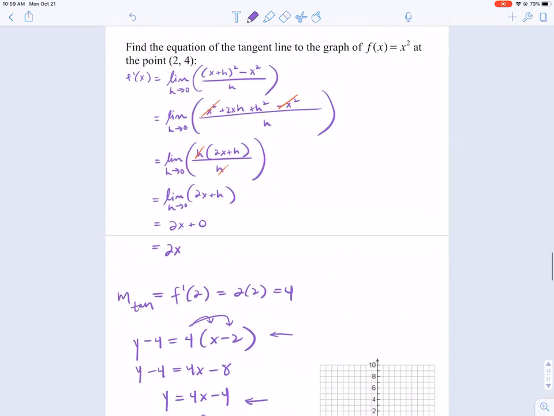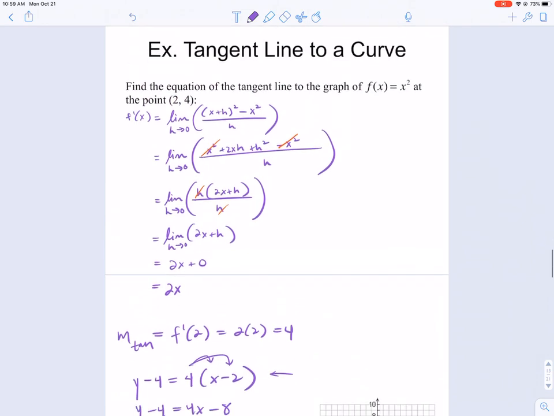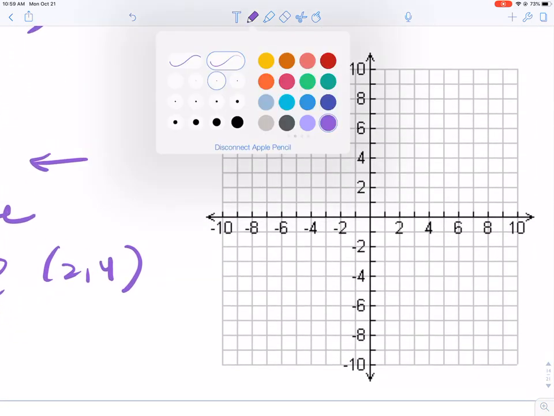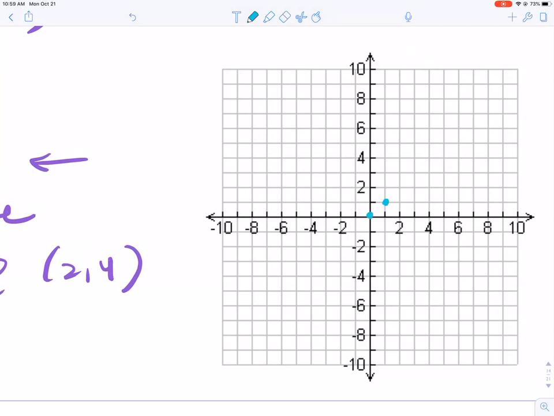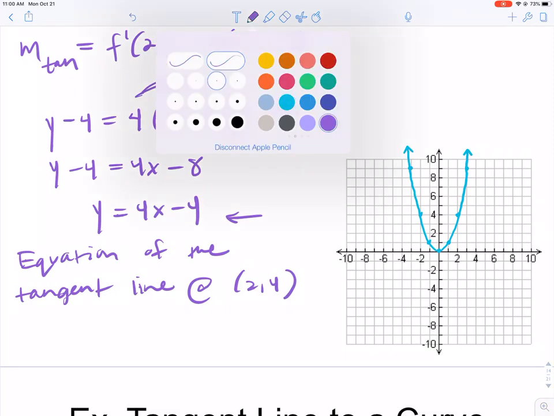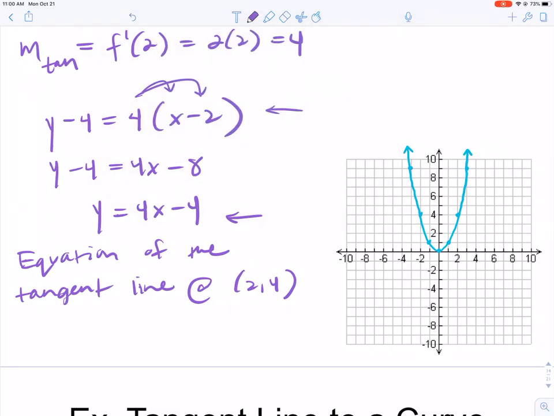So instead of graphing by hand, which you could, well, let's graph by hand for fun. So I'm going to graph x squared first. And then from point slope form, right, the point is 2, 4.